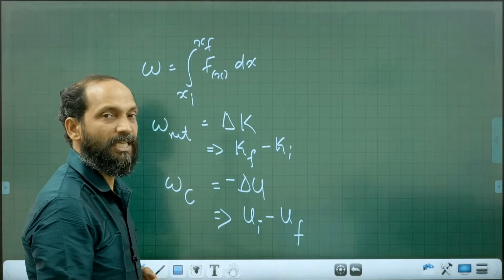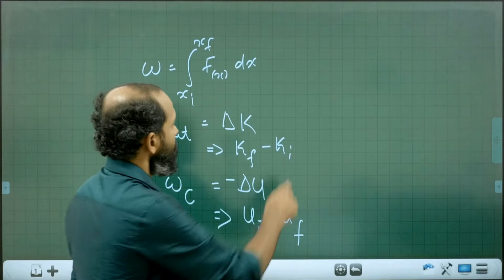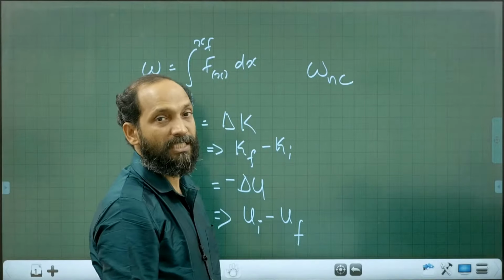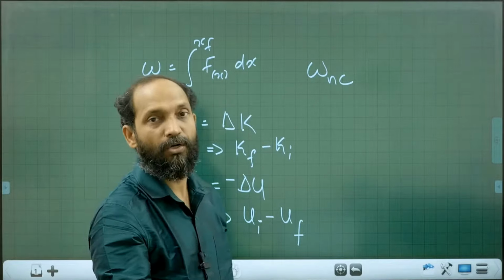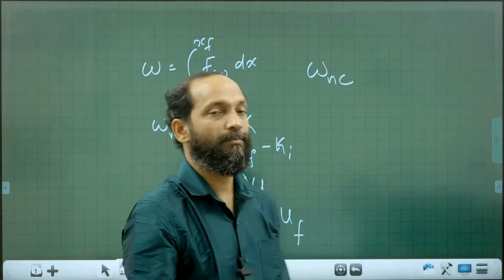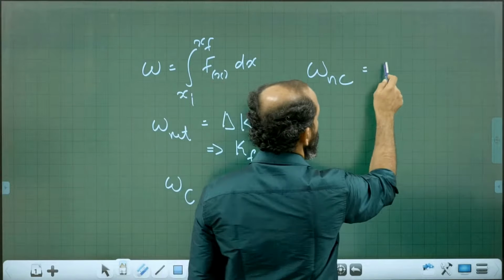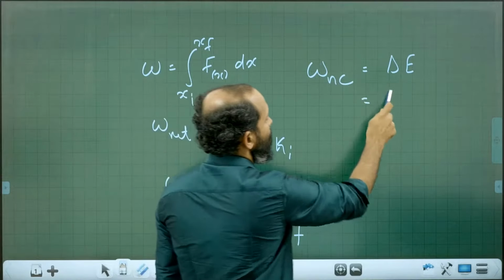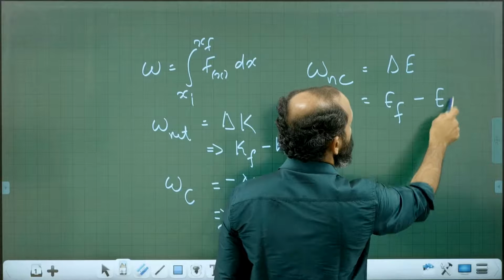Now if frictional forces are present, we can separately calculate the work done by frictional forces. Frictional force is a non-conservative force. Work done by all non-conservative forces is equal to change of mechanical energy. That means final mechanical energy minus initial mechanical energy.